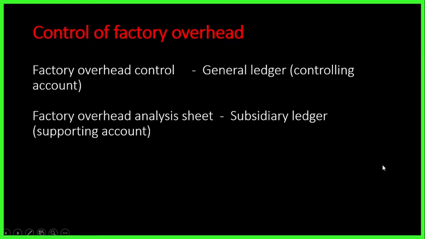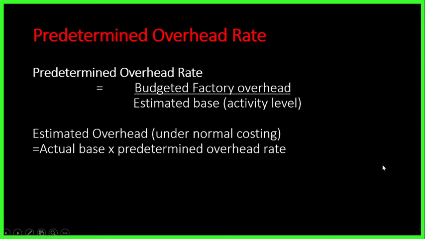And you also have your factory overhead analysis sheet, which most of the time serves as your subsidiary ledger or your supporting account. Now, in some books, they also have the applied factory overhead as a separate account, which is also found in our general ledger. I will explain more about that later when we go to examples.